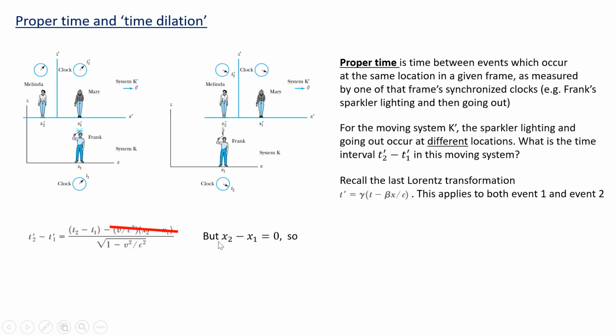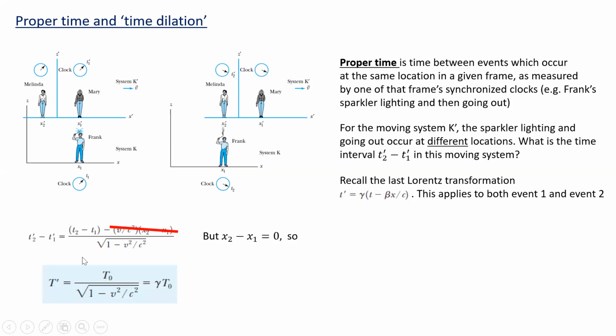However, in this equation, x2 minus x1 would have to be 0, because in the unprimed frame, system K, the sparkler event happens at the same position. So x2 is equal to x1, and x2 minus x1 is 0.